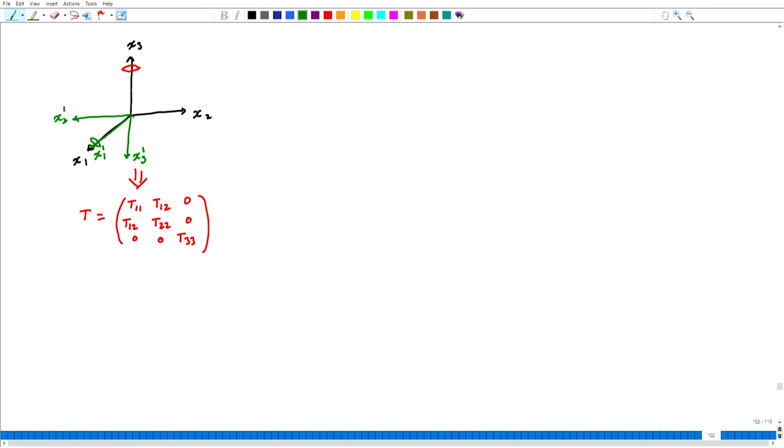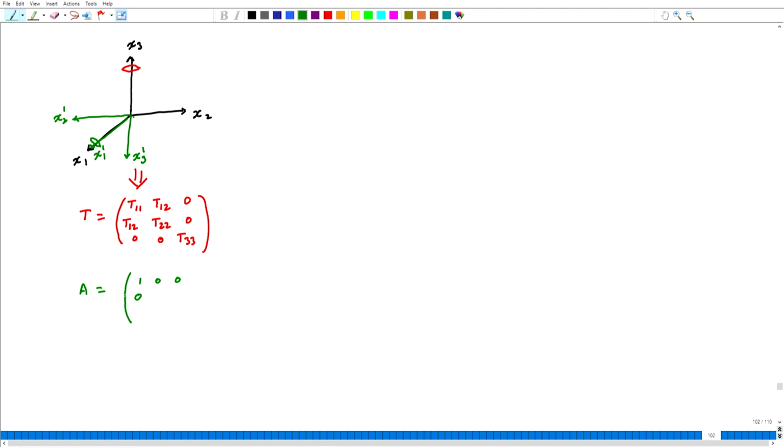So, again we write the direction cosine matrix for this set of axes. x1 prime coincides with x1, it makes an angle of 0 degrees, cos of 0 is 1. So, this first term will be 1, and x1 prime is perpendicular to the x2 and x3 axes, 90 degrees, so the next two terms are going to be 0.